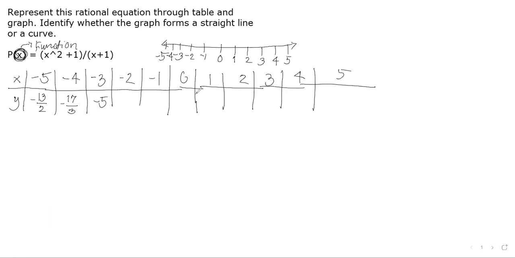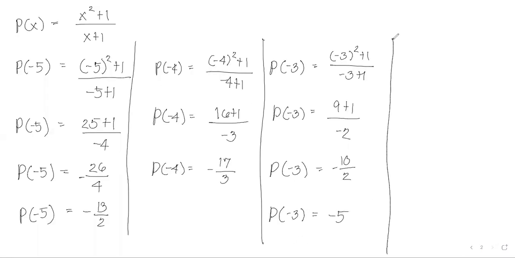Negative 5. Next is negative 2. Okay. P of negative 2, that is nothing but negative 2 squared plus 1 over negative 2 plus 1. Okay.